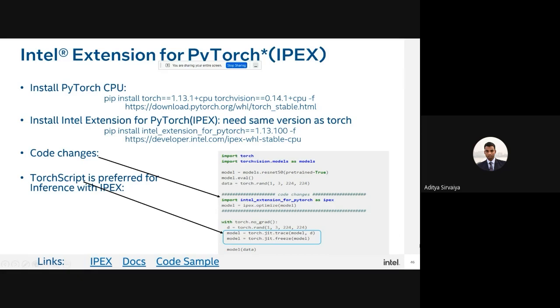It happens using this JIT trace. So all your code is now converted to torch script mode. The torch script mode can be run in multiple interpreters, and one more advantage here is it can run with a just-in-time compiler, that is the JIT compiler.